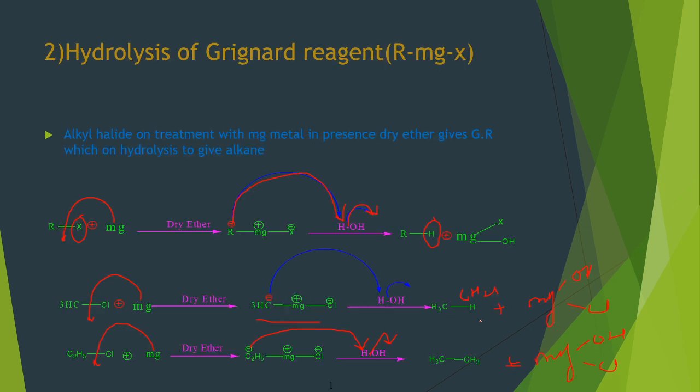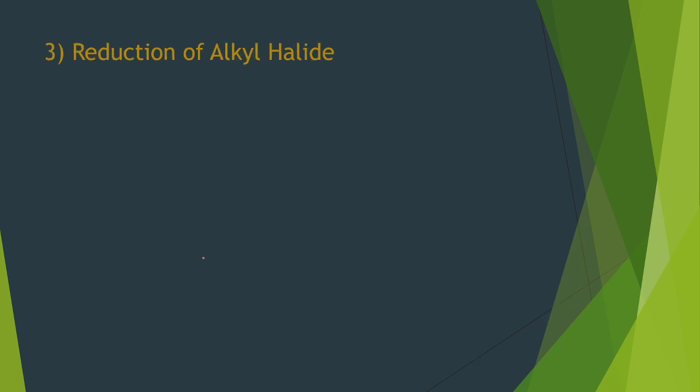In the previous slide, we have seen that alkyl halides were prepared, and from the Grignard reagent we have prepared alkane. But we can also prepare the same thing by the reduction of alkyl halides.